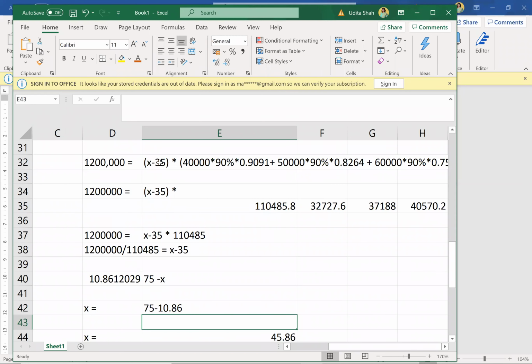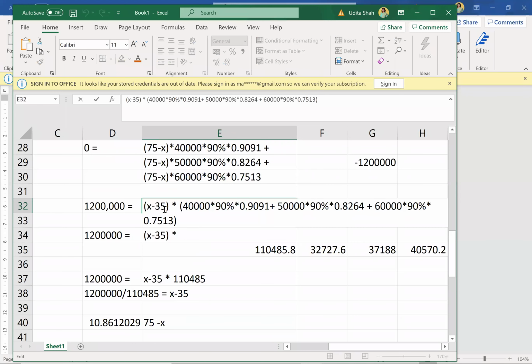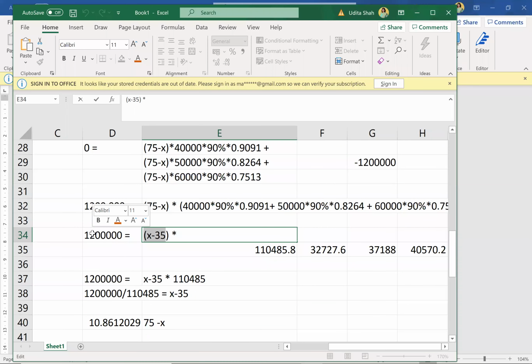So here also 75 minus X. In the exam you don't need to show everything again. You can just replace that in the final formula. That is also acceptable. You don't need to show all these workings again.